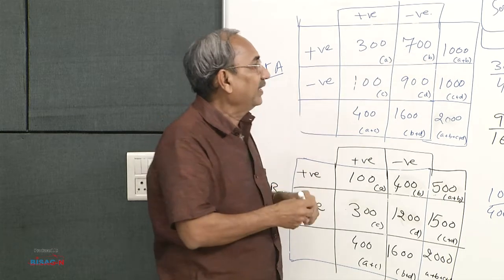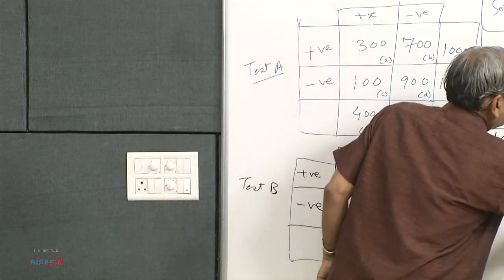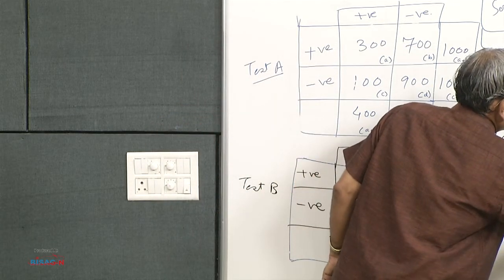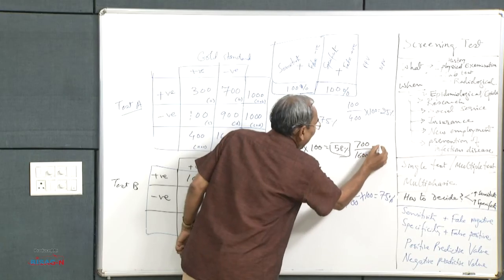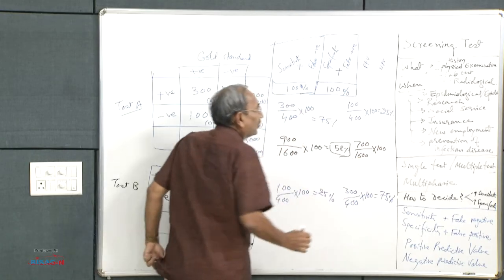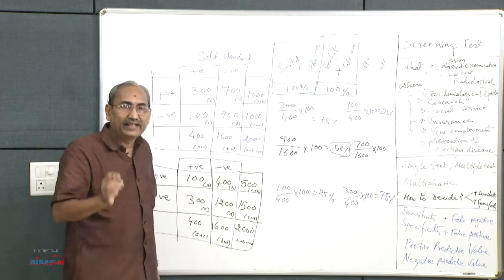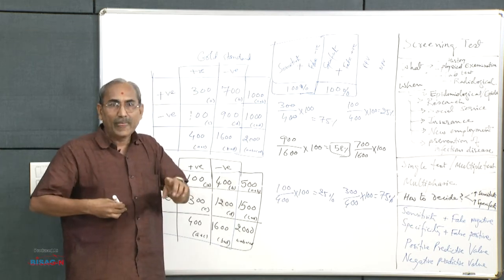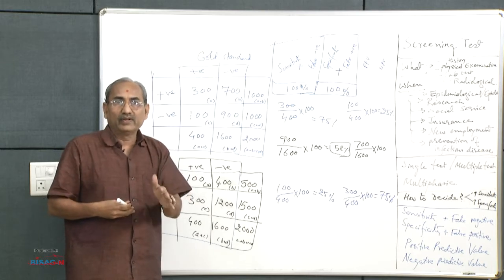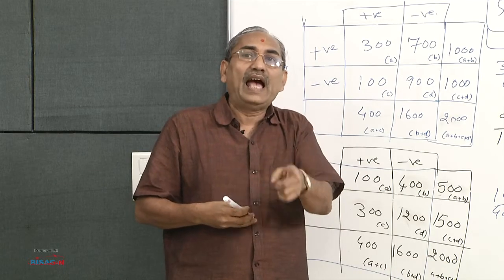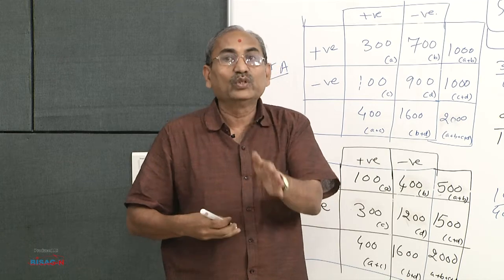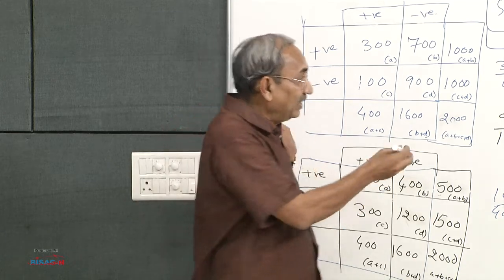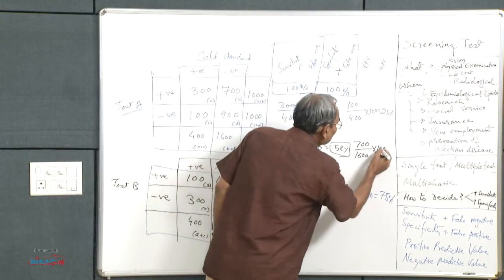So 700 people out of 1600 were labeled as positive even though they were negative. This is known as false positive. You should use the words falsely labeled as positive even though they were negative.